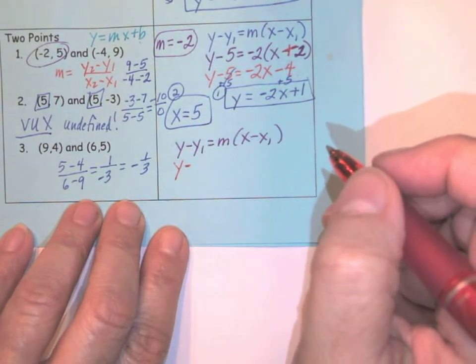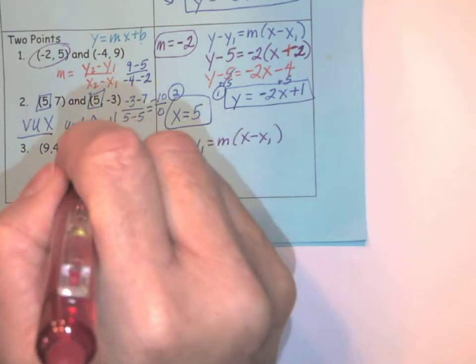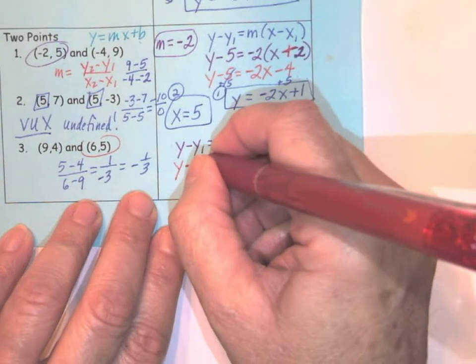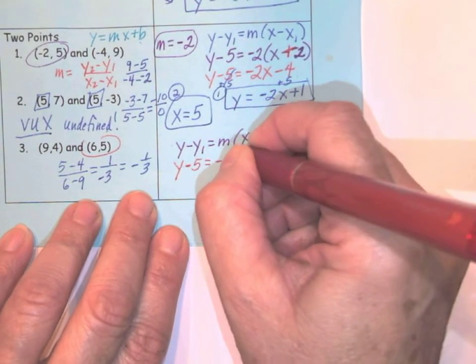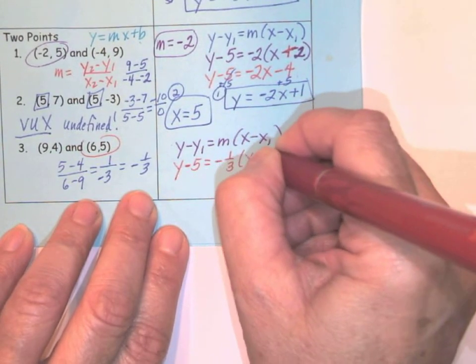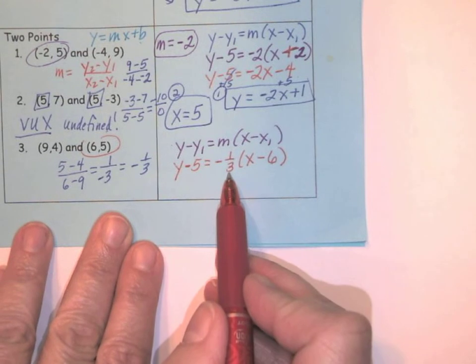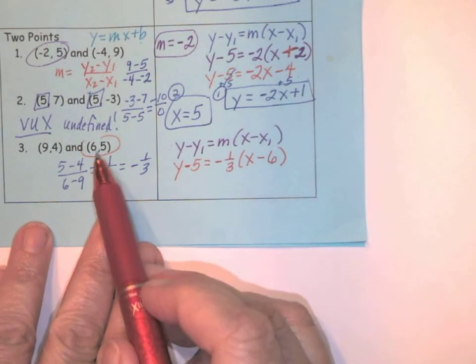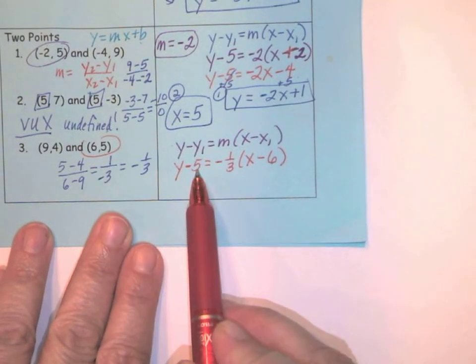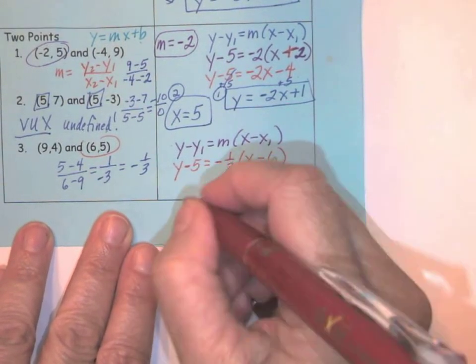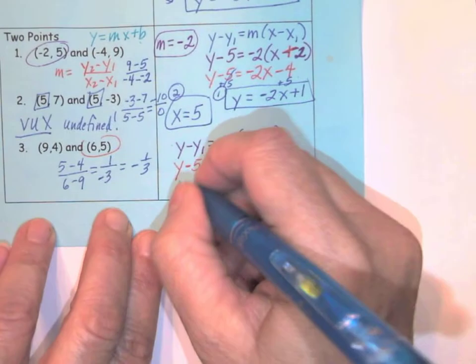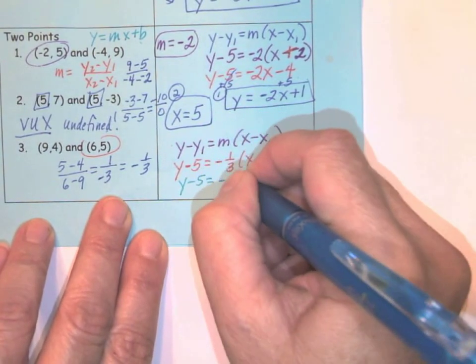Do you care which point we use? I don't care. Let's use the second one. Y minus 5 equals negative 1/3 times x minus 6. All I did was plug in my m of negative 1/3, and I used the second point for my y1 and my x1. Now I'm going to distribute.